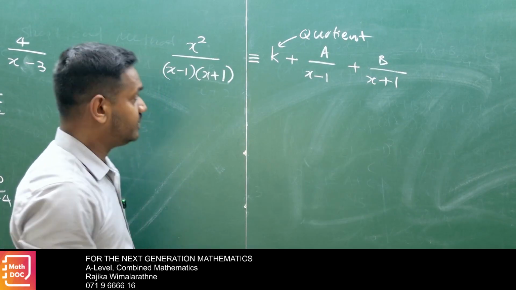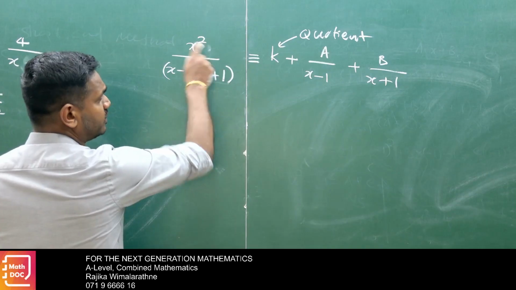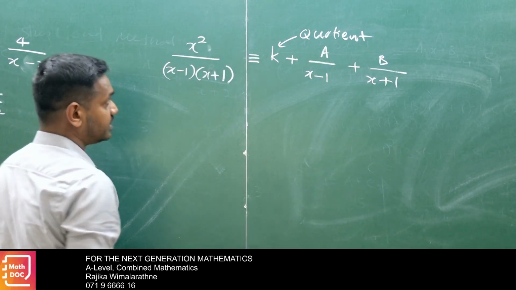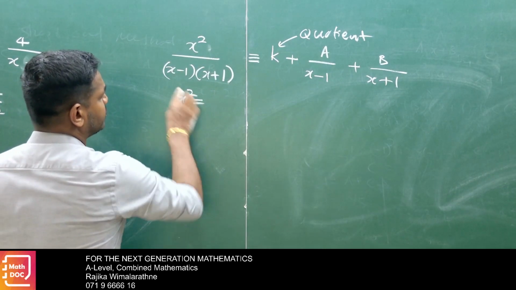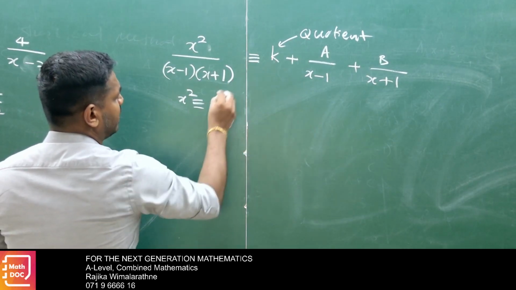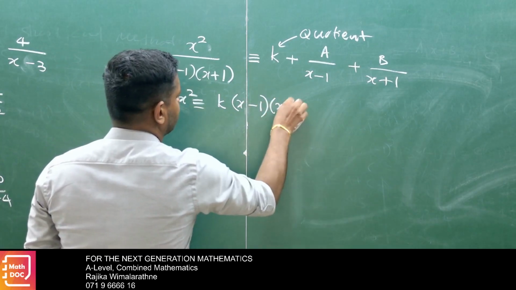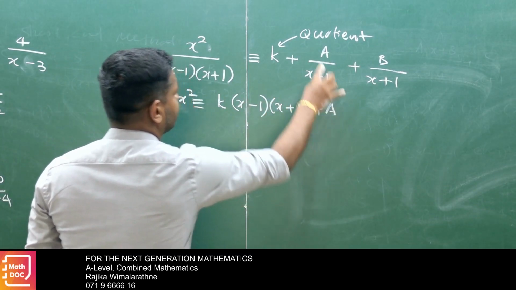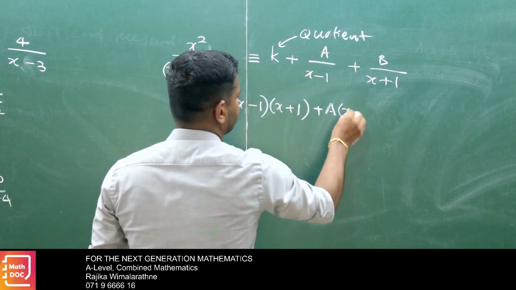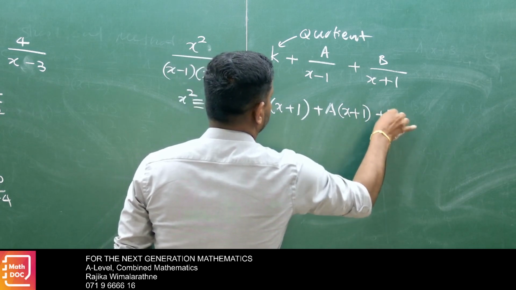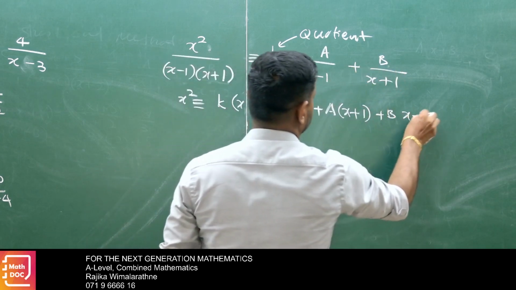So now this is for improper rational functions. Now x squared: you multiply k with these two factors, (x minus 1)(x plus 1), a multiplies with x plus 1 only, and b multiplies with x minus 1 only.